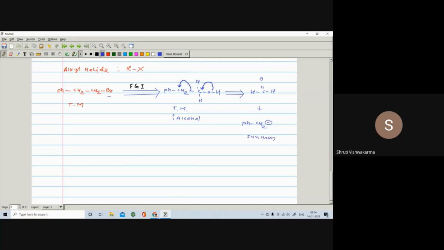For this negative, we can write the corresponding compound, that is Ph, CH2, Mg and Br. That is your Grignard reagent, and it is your synthetic equivalent.